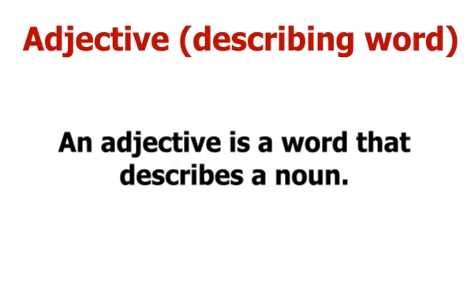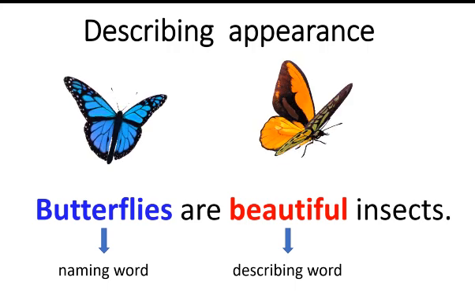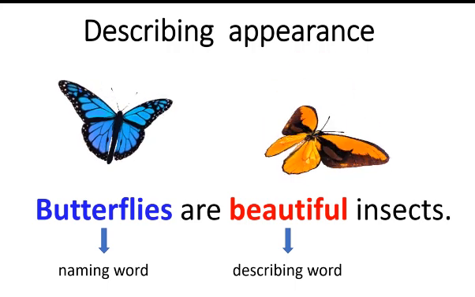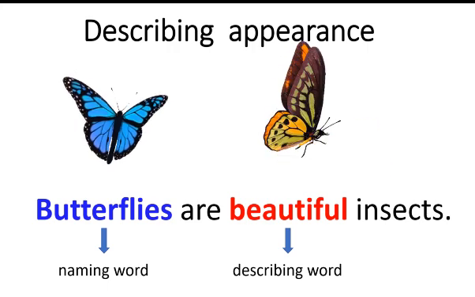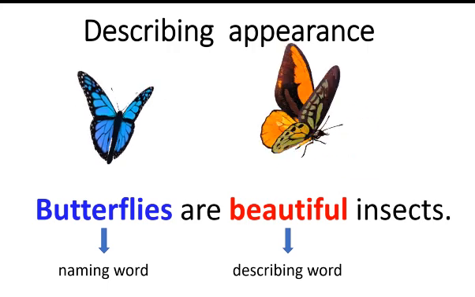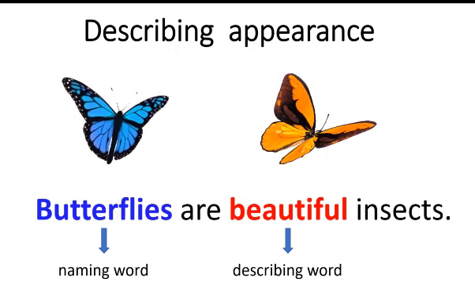Let us see some more examples to have a clear understanding of adjectives. Butterflies are beautiful insects. Butterflies are insects, but what kind of insects? Beautiful. So the adjective beautiful is providing more information about the insect butterfly. So beautiful is an adjective and butterflies is the noun.